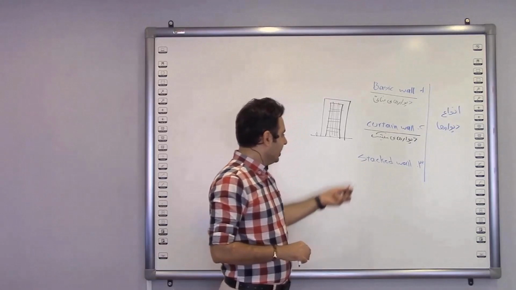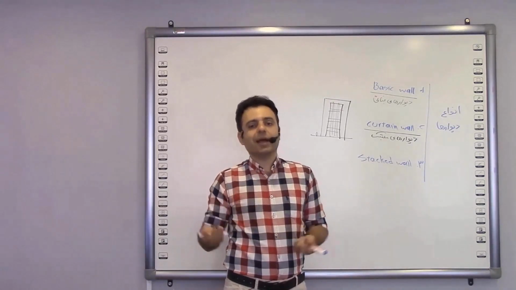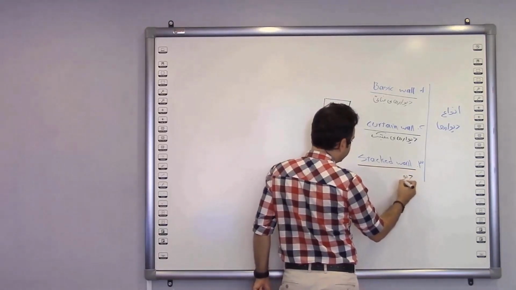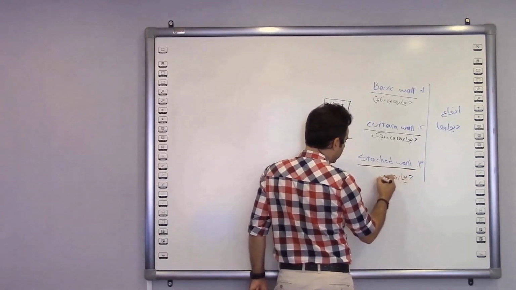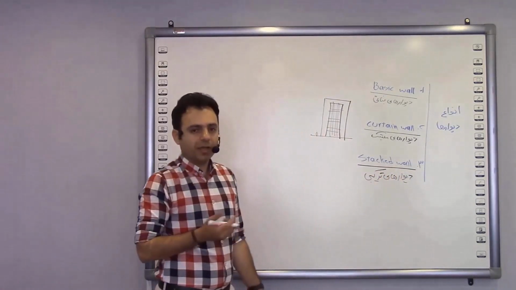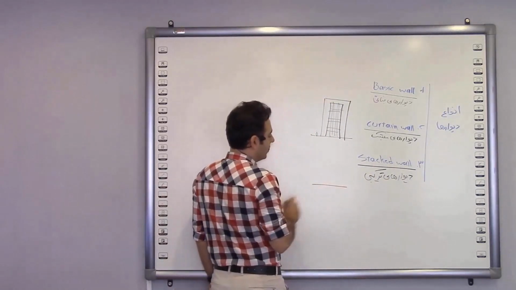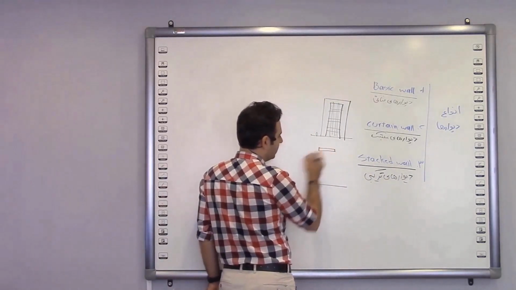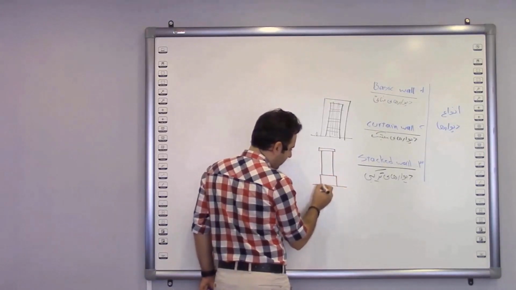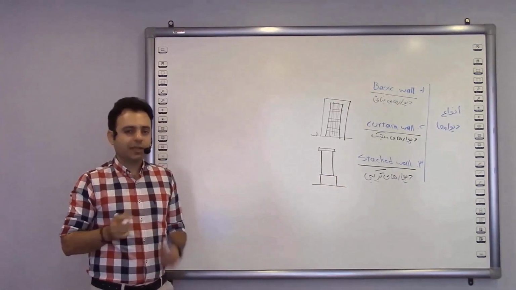Now, stacked wall. What does stacked mean? It means a group of things on each other with the same type. We also call it the combined walls, like this. Now, what does it mean? It means that, for example, we have a wall in the yard and it's made of three parts, as you can see, just like this.